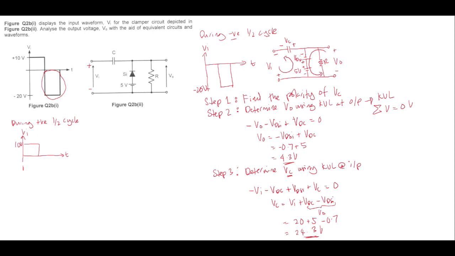You can redraw the circuit like this. The diode will be open because the diode is in reverse bias condition. Here is positive, negative 5 volt.